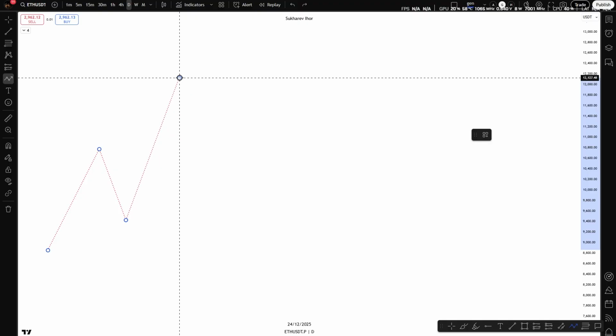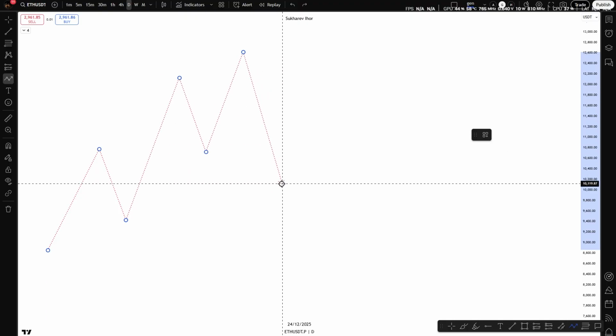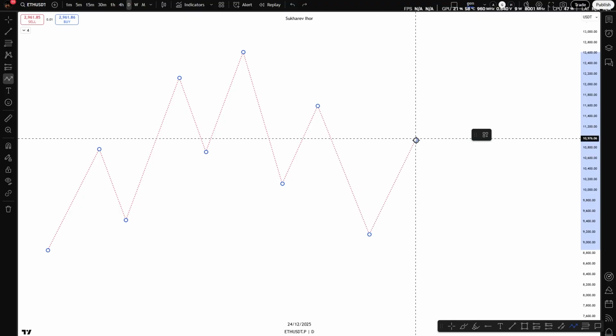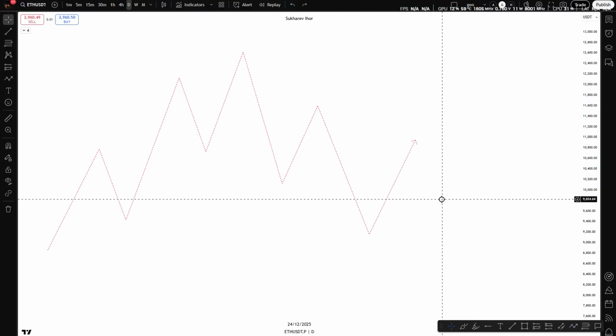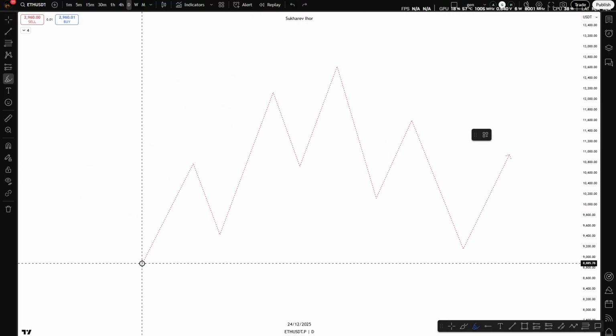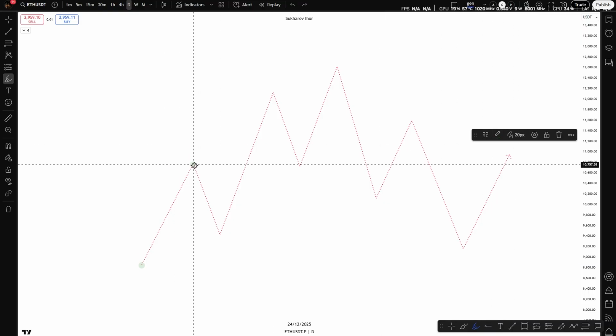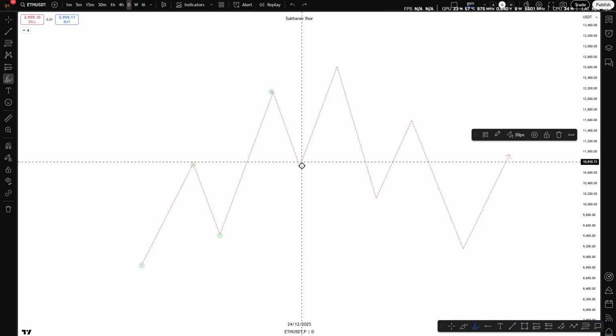So for instance, we have an uptrend, and then boom, switch to downtrend. So as for me, even without any knowledge in trading, you can kind of see what went wrong here, especially if we start putting higher lows and higher highs here.